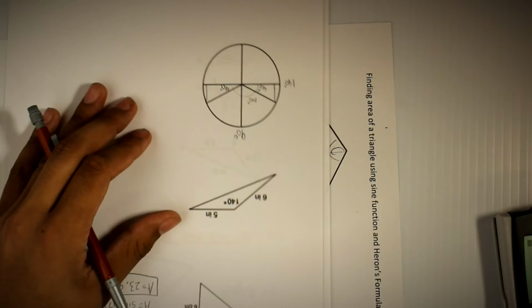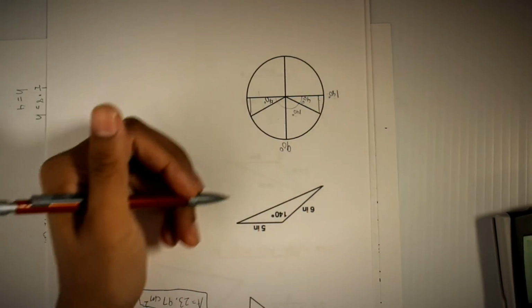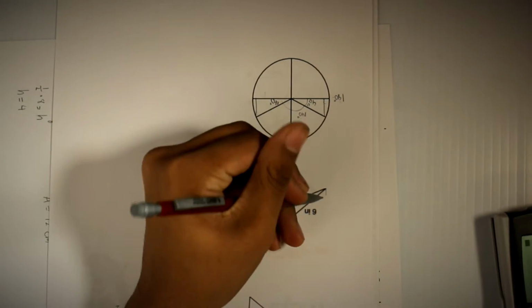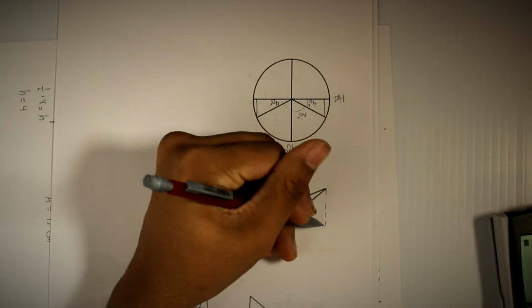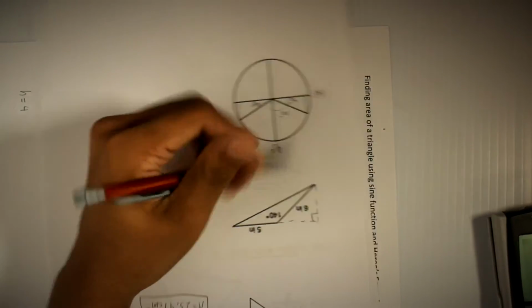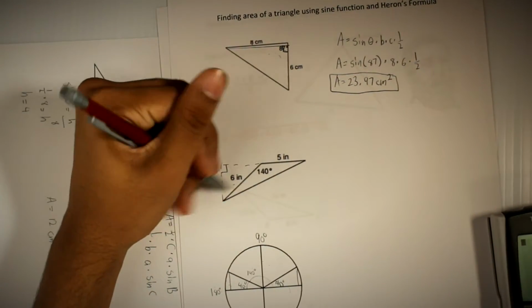If you want to see it, we can flip this triangle over right here, where this would be your height. The 6 inches right here would be our hypotenuse.